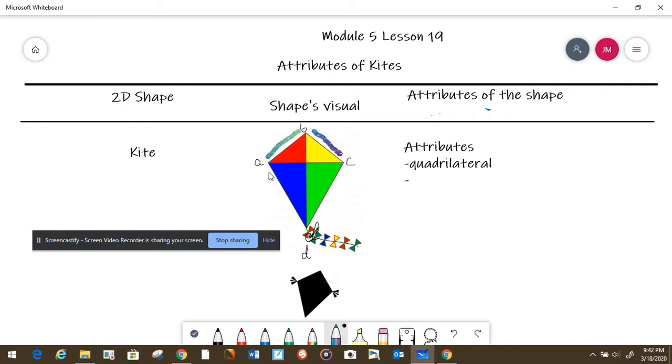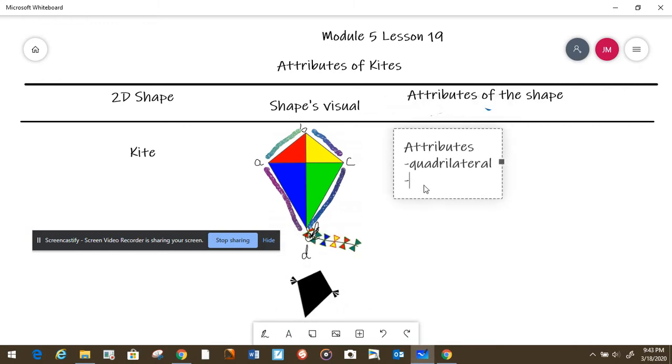The other set is that segment AD and segment CD have the same length. So these also are adjacent to each other, which means next to each other or consecutive to each other. That's one of the most important attributes for this particular 2D shape called the kite.